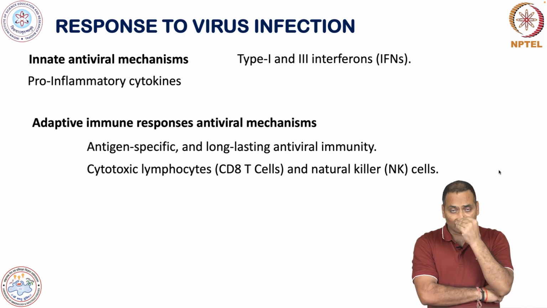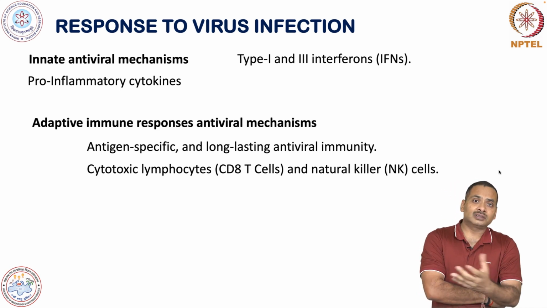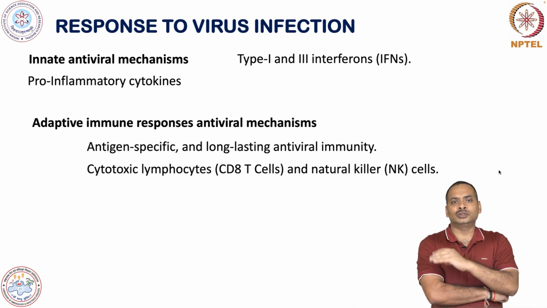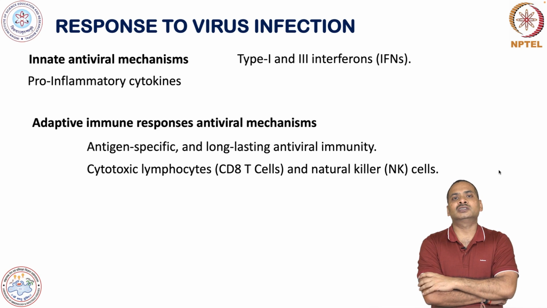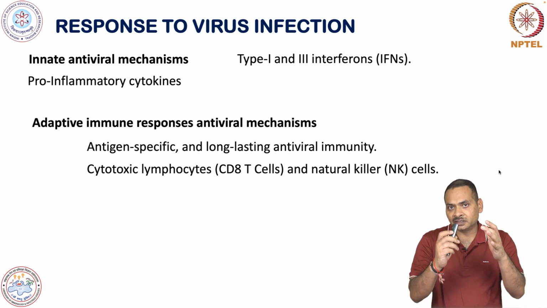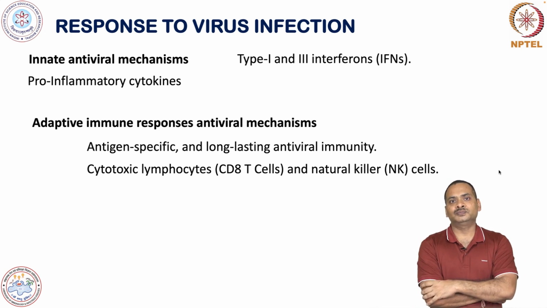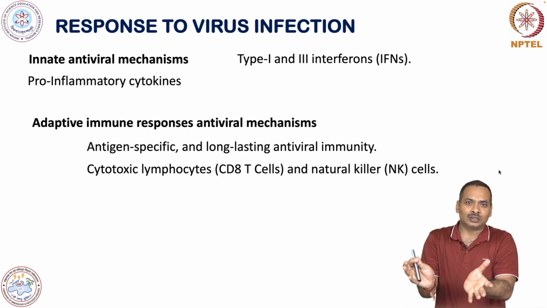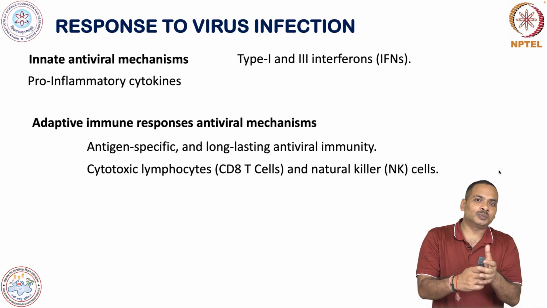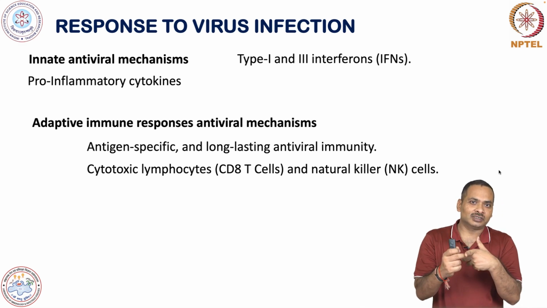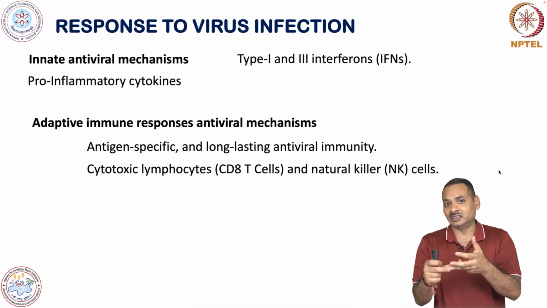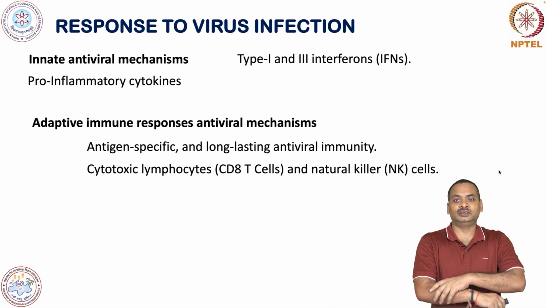Here there is also involvement of natural killer cells, which we consider an innate immune cell. Natural killer cells and cytotoxic T cells basically kill the virally infected cells. So now you can understand that one of the outcomes of protective response is production of interferons and pro-inflammatory cytokines and cell death, which is also a protective response.